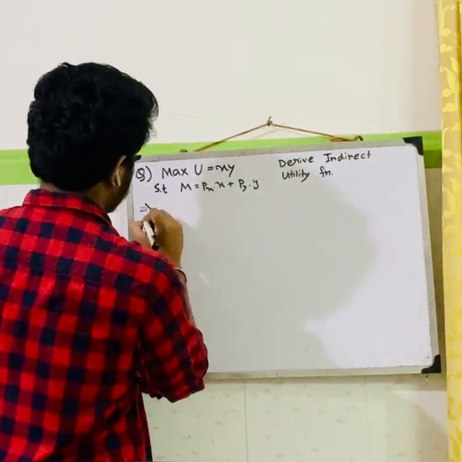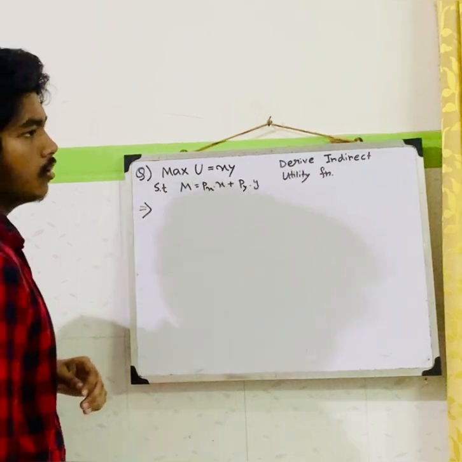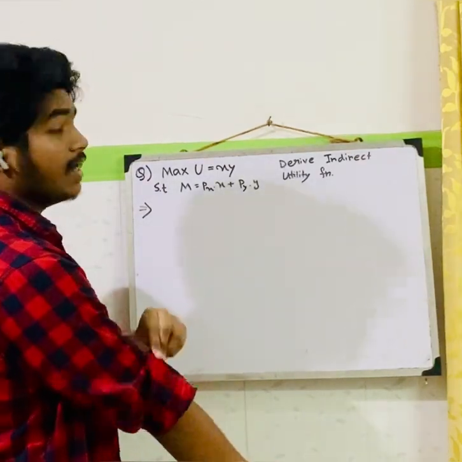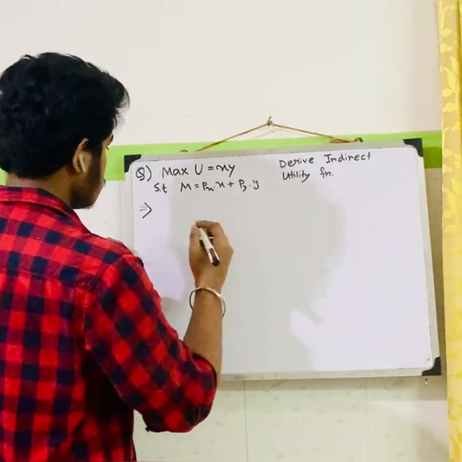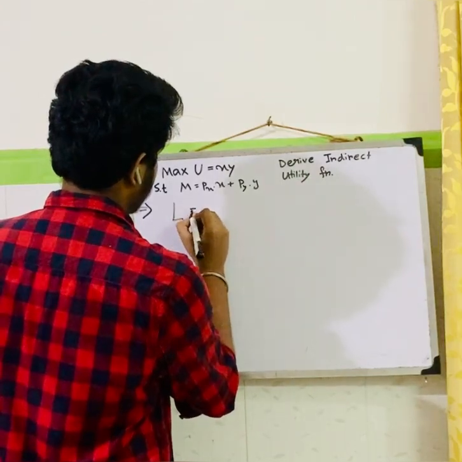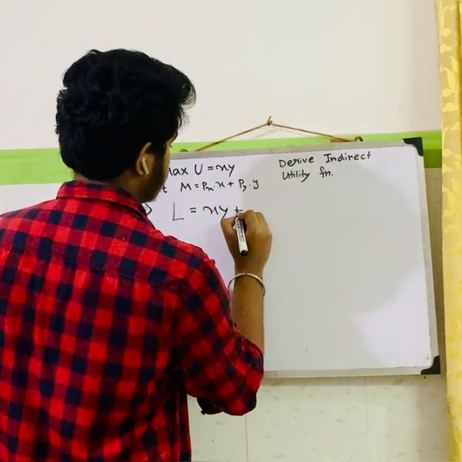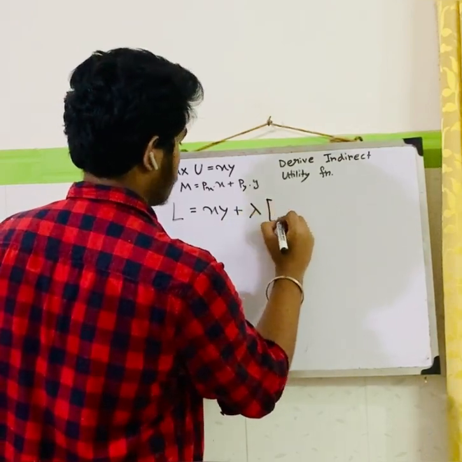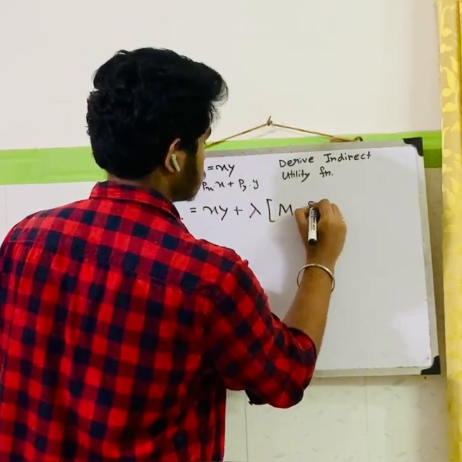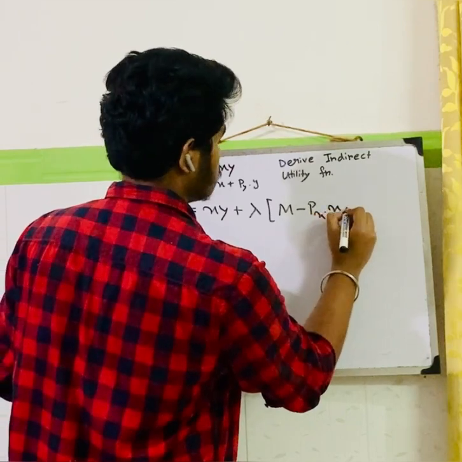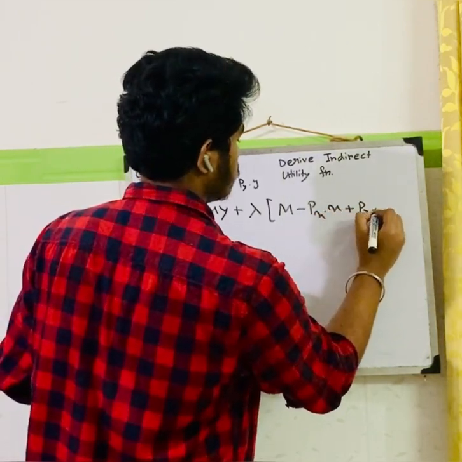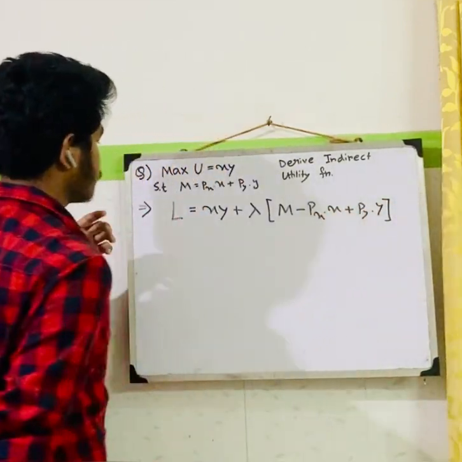So how to do it? We'll do this by Lagrange. So first we'll write our Lagrange equation, which is xy plus lambda times m minus px into x plus py into y.